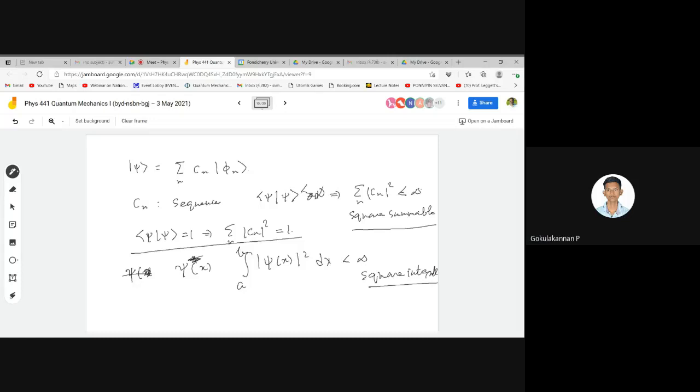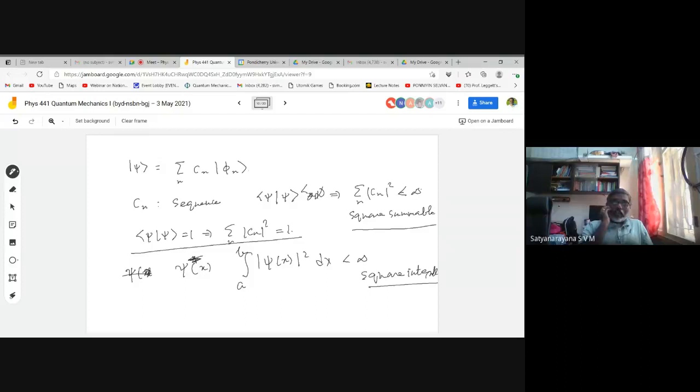Yes, sir. And the wave function may be a square integrable function or a square summable function, sir. Yeah. So when you say wave function, we always talk about a coordinate basis wave function or a momentum basis wave function, right? So that is always square integrable.